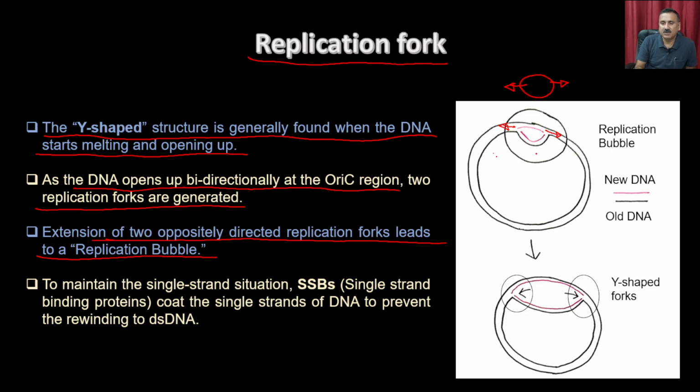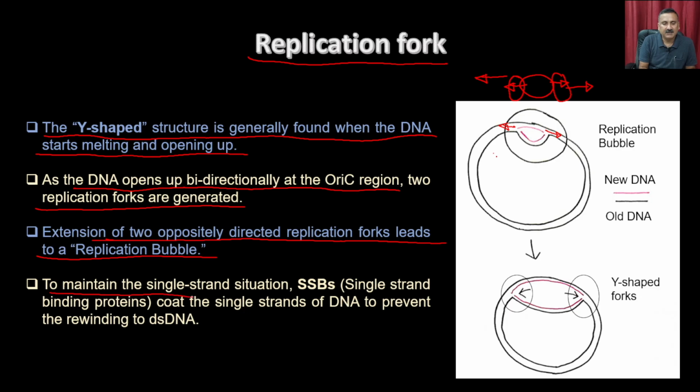Where it is going to start synthesizing the new DNA. So, this is going to serve as a template for this machinery, and this is going to serve as the machinery for this replication. You are going to have one machinery which will run in this direction, and another machinery which will run in this direction, and that is how both sites are replicated.